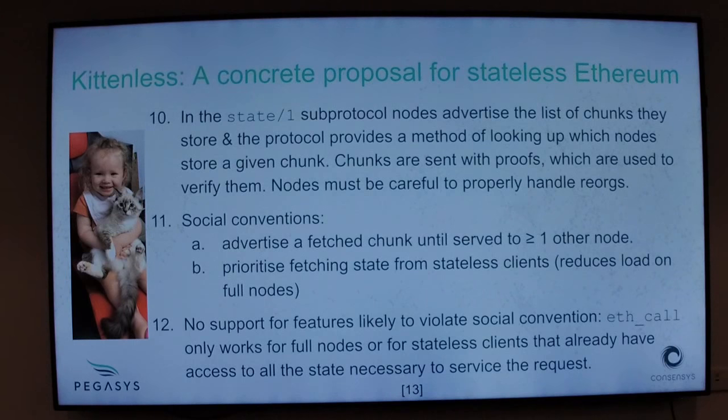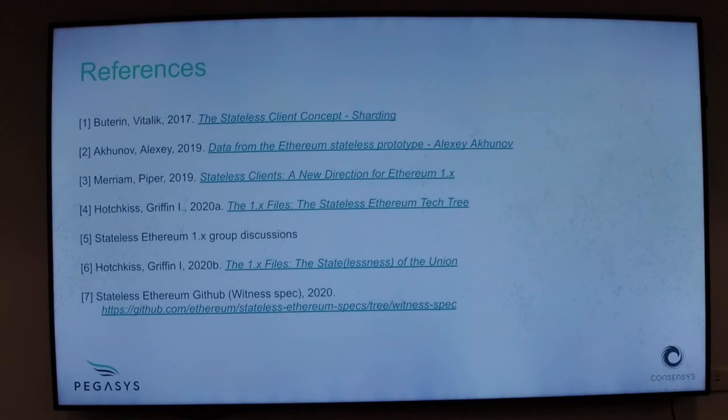And there's no support for features likely to violate social convention. ETHCall will only work for full nodes or for stateless nodes that have got all of the state already necessary to serve the request.